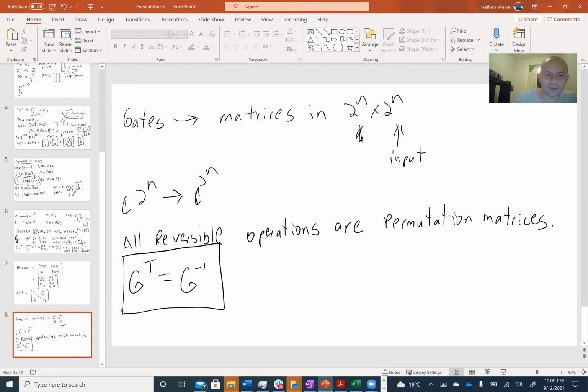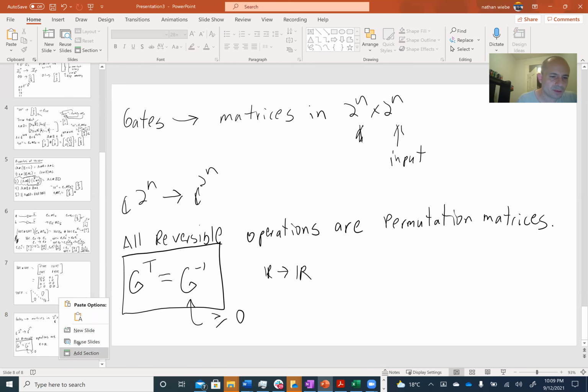And of course, all of these G's, well, I mentioned it in terms of complex numbers. In this context, we're of course just mapping real to real. And all of these elements inside each G for classical computing are going to be greater than or equal to 0. In fact, they're just going to be 1 and 0.